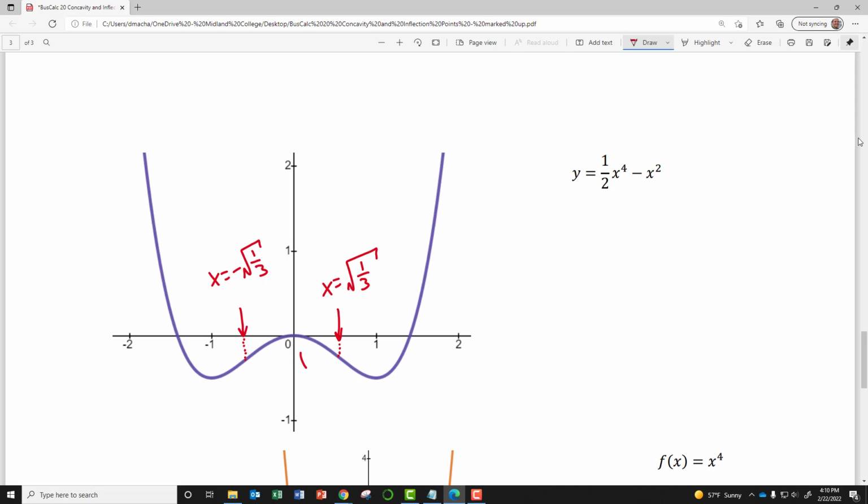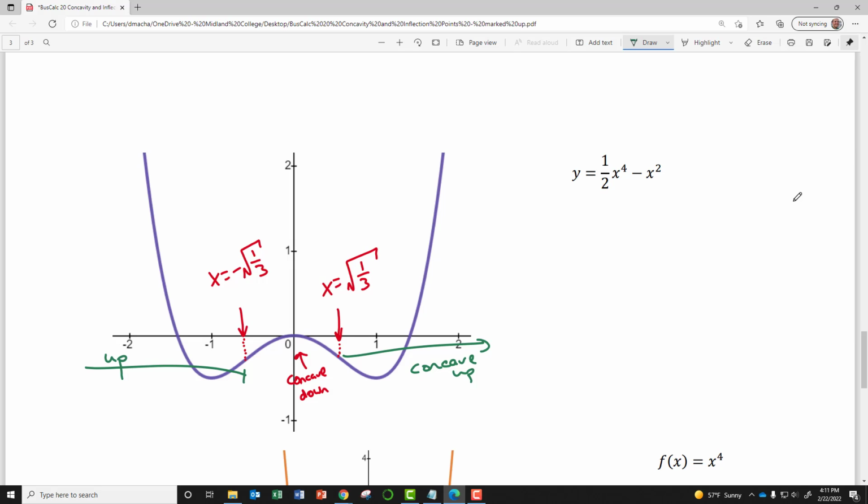Here, where x is equal to 0, we are concave down. Then over here, I'm going to be concave up, and over here, I'm going to be concave up. You can get that the concavity is up just by plugging in x equals 1 and finding out the second derivative is positive there.